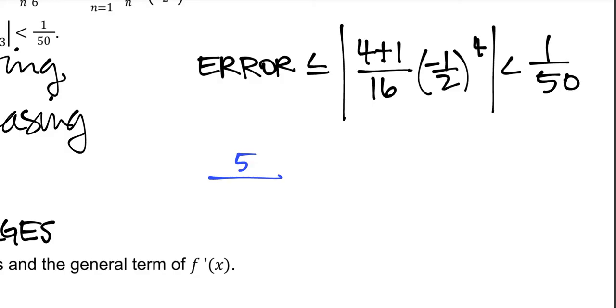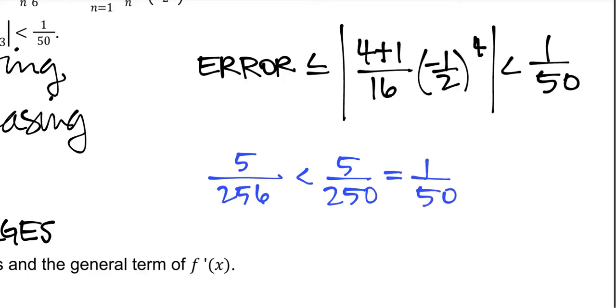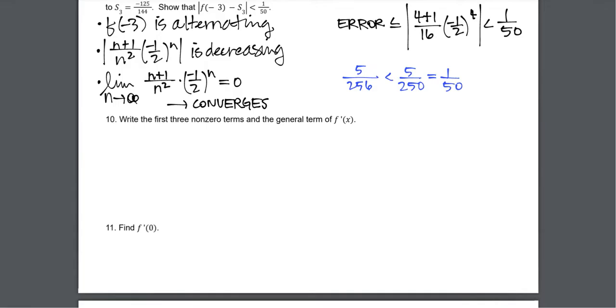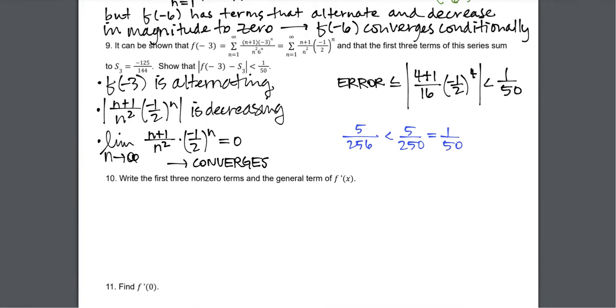So either way, this is 256, and that is definitely less than 5 over 250, which is 1 over 50. So that's how it works. But just because I realized that, I don't get any more credit than I would have had if I only just verified the convergence and then done the error bound that way.